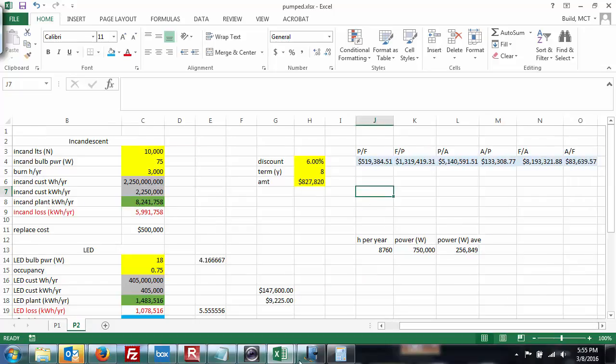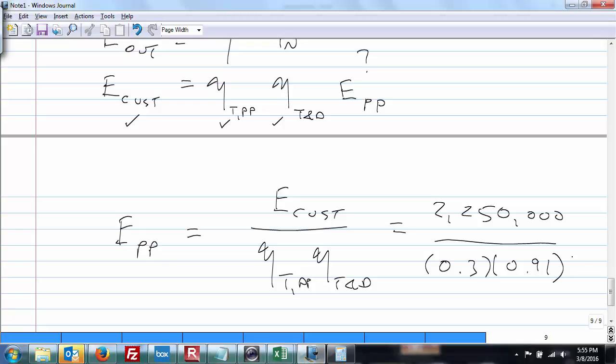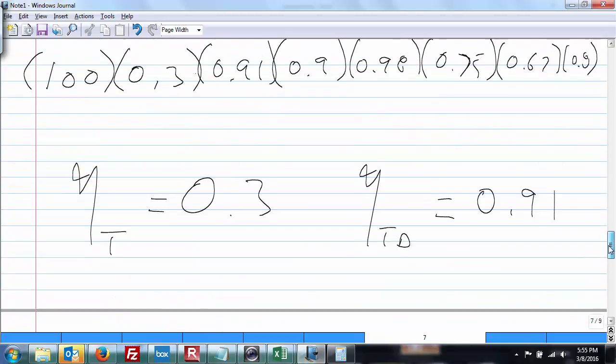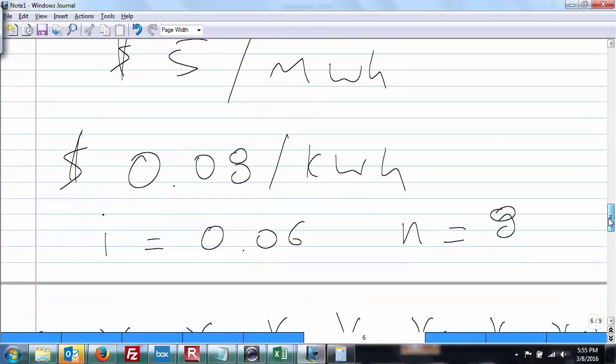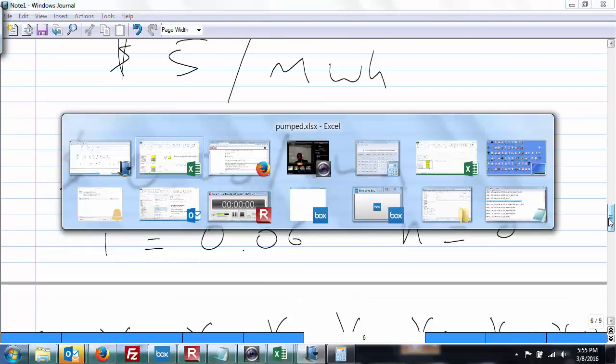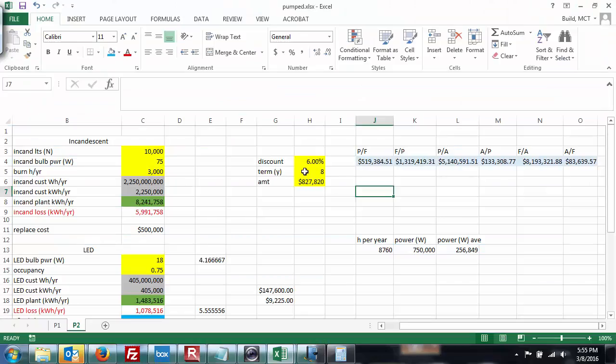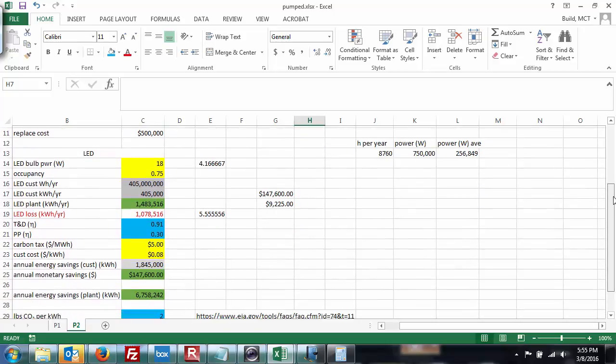And I think the discount rate was 6%. Let's just verify that. Yep, I is 6. We're running for 8 years. And now let's see what this amount is. Where did that come from? $8,827.